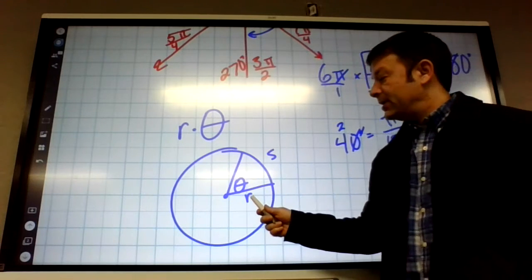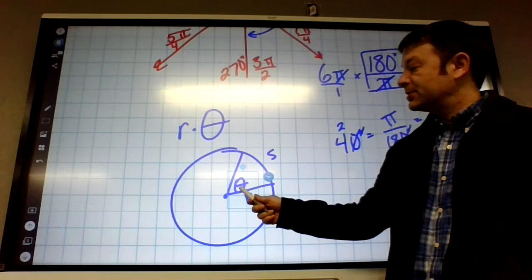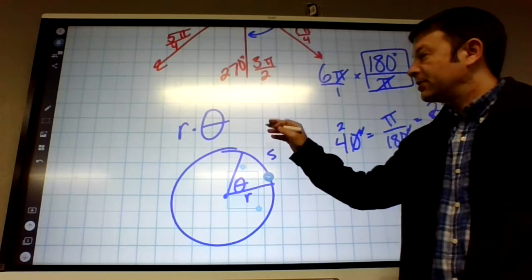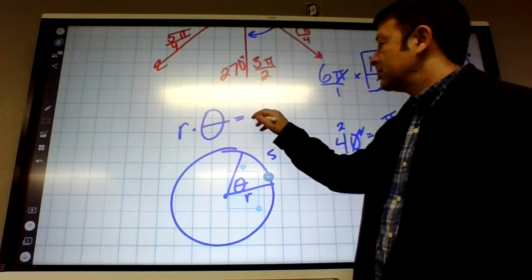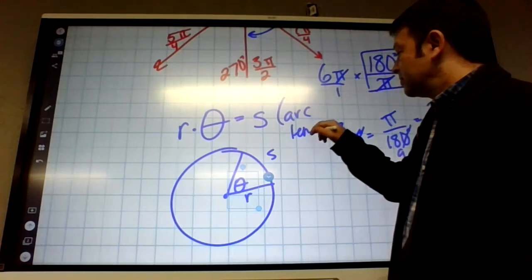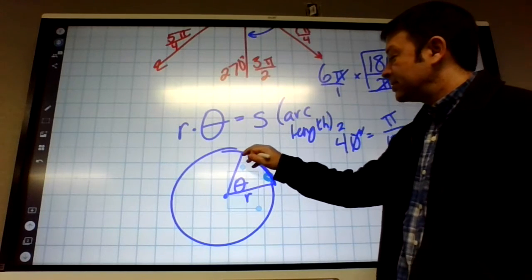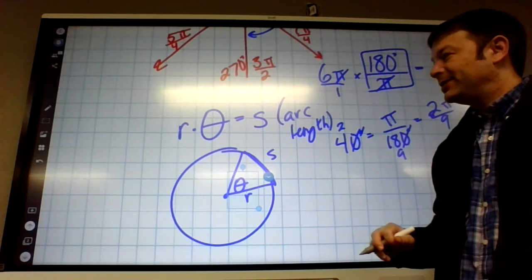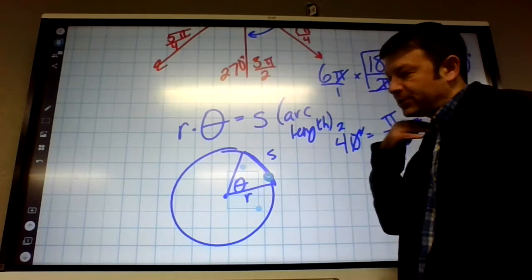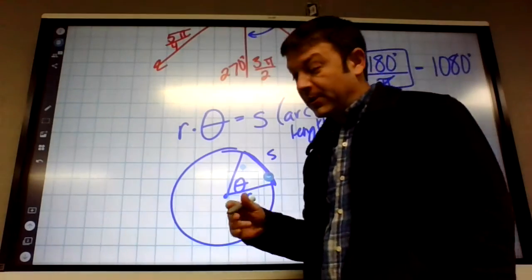If you do the radius times theta, where theta is in radians, that will give you the arc length. This little piece of pi right here. So that's what makes radians convenient, because it's a really quick multiply thing. So we're going to do that in a couple problems today.